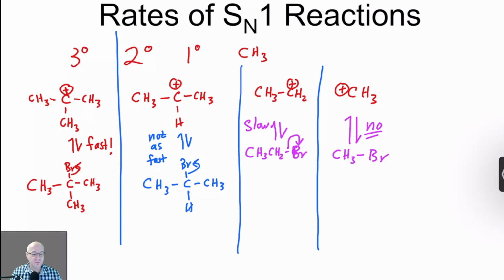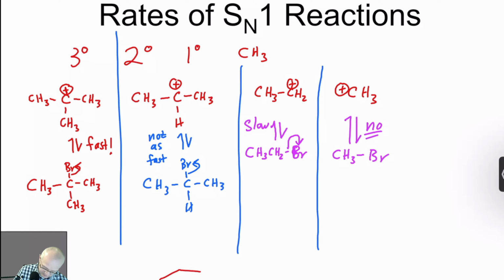What about cations that can resonate? Well, allylic cations will react fast. Allylic halides should react fast in an SN1 reaction because they can resonate. Same thing with benzylic. Benzylic halides should react fast because they can form a carbocation that resonates. So allylic and benzylic are fast as well.